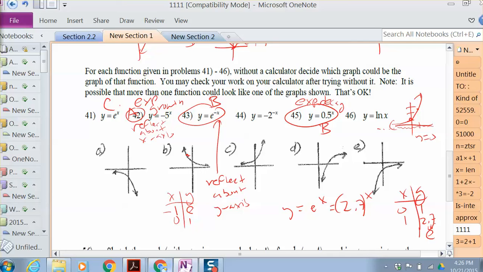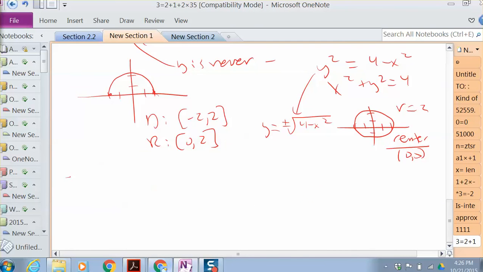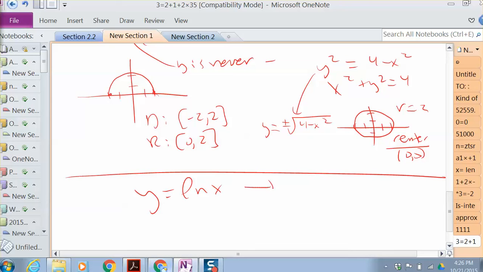Now we're down to 44 and 46. For 46, I'm going to need kind of a new thingy here. y equals natural log of x, which hopefully you know means y equals log base e of x. And hopefully you know how to transform, which is x equals e to the y. This is the inverse of y equals e to the x.